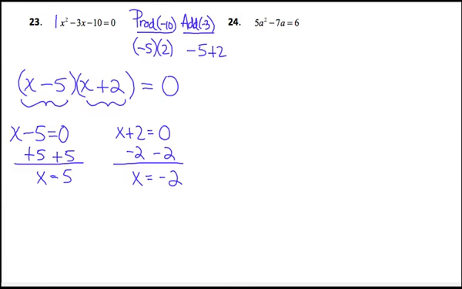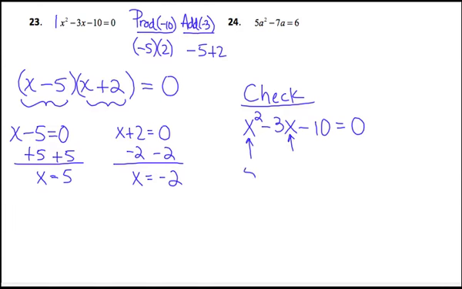I'm just going to take one of these really quick, and I'm going to check the positive value in the original equation, which was x squared minus 3x minus 10 equals 0. So if I wanted to put a 5 in everywhere I saw x, I'd have a 5 squared minus 3 times 5 minus 10.